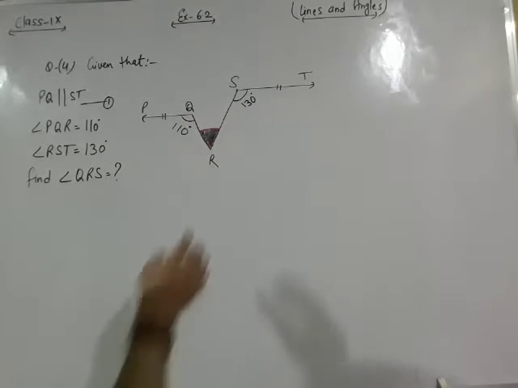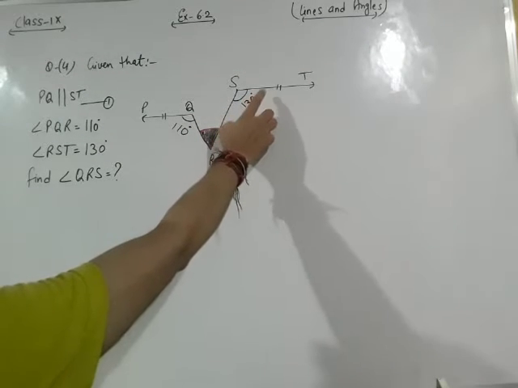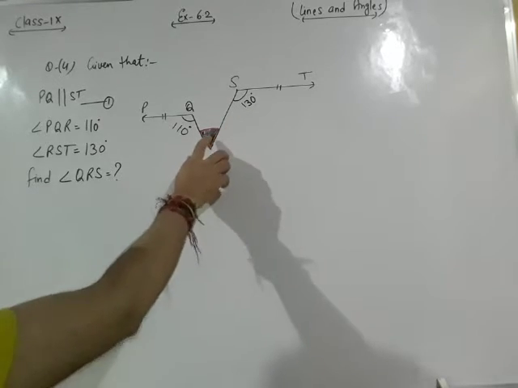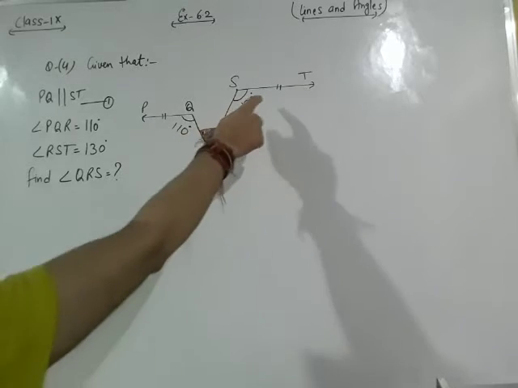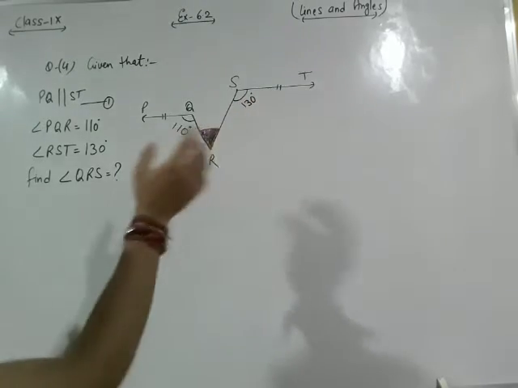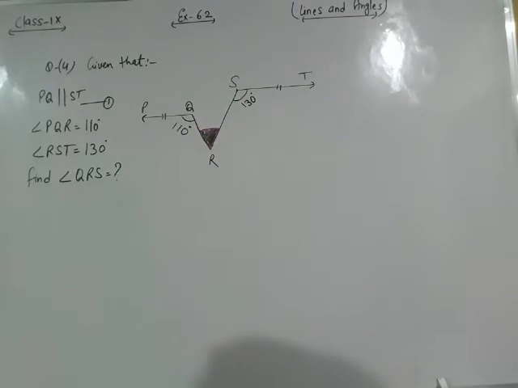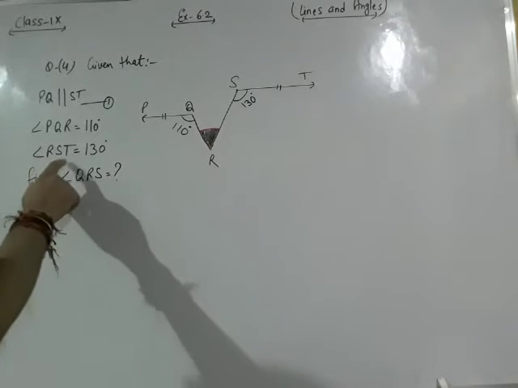There is no connection, and similarly there is no connection with 130 with this angle. Even 110 degree and 130 degree, these two angles are also not having any direct or indirect connection, right?